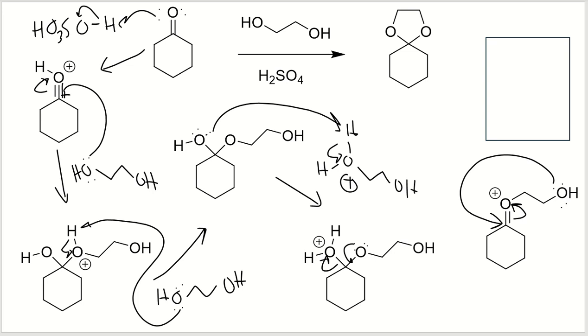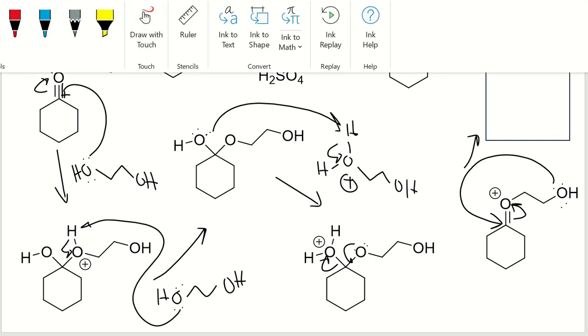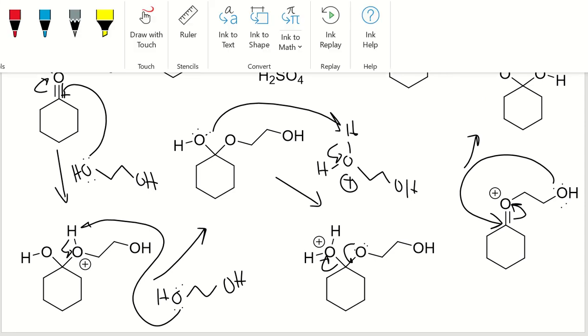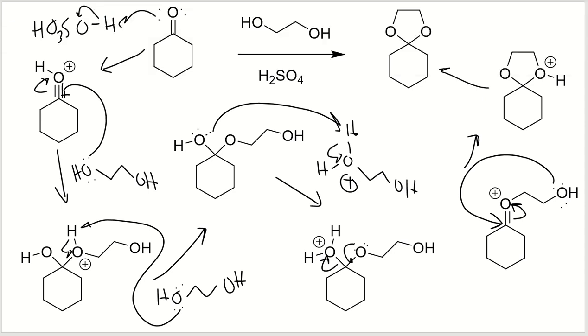And we essentially will have our acetal at this point, except it's going to be protonated. And so we need to eventually deprotonate in the final step to give us our final acetal. And just like before, the alcohol, our nucleophile, is going to act as a base in this scenario, giving us our product.